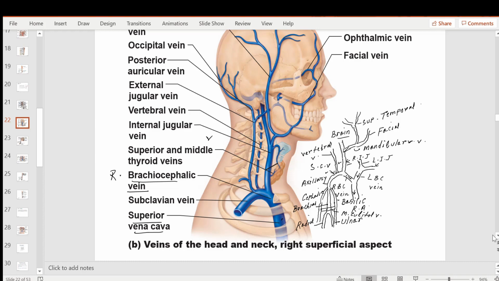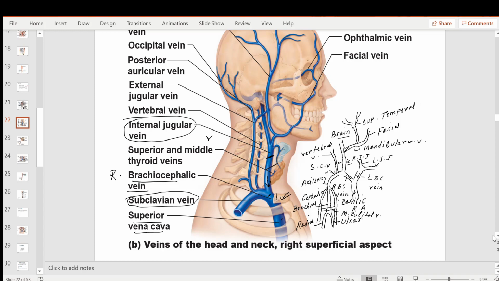The right brachiocephalic then receives blood from the right internal jugular, this one, and the subclavian, this big one. The subclavian goes under the clavicle. This is the clavicle, they have dissected it. So the subclavian, and this is the internal jugular.